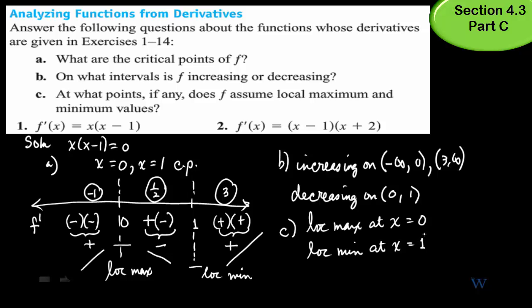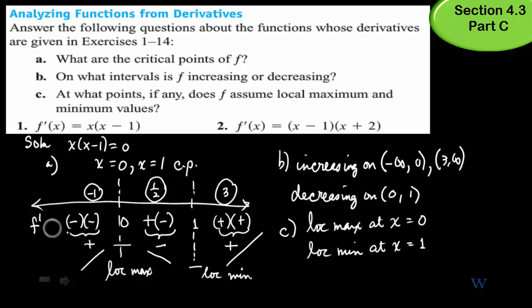Okay, so there you have it. We were able to find the critical points by setting the first derivative to 0 and solving for x. Then you subdivide your number line by the critical numbers, plug in test values, and that gives you the sign.